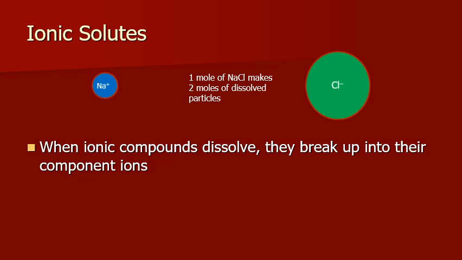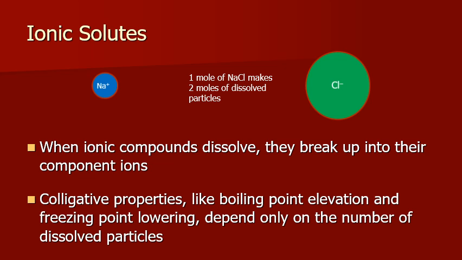So 1 mole of dissolved sodium chloride gives us 2 moles of dissolved particles. These colligative properties, boiling point elevation and freezing point depression, depend only on the number of dissolved particles. So we get more of an effect from an ionic solution.